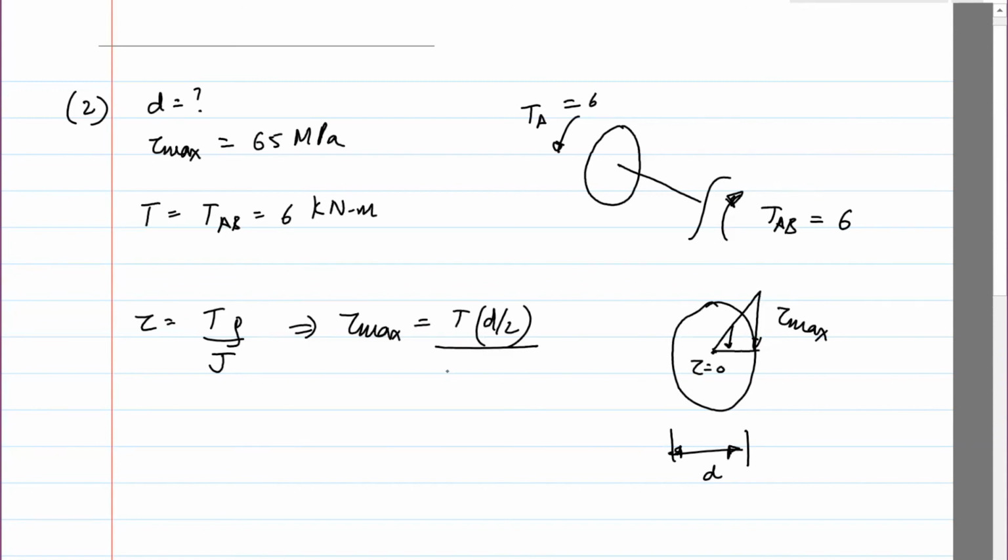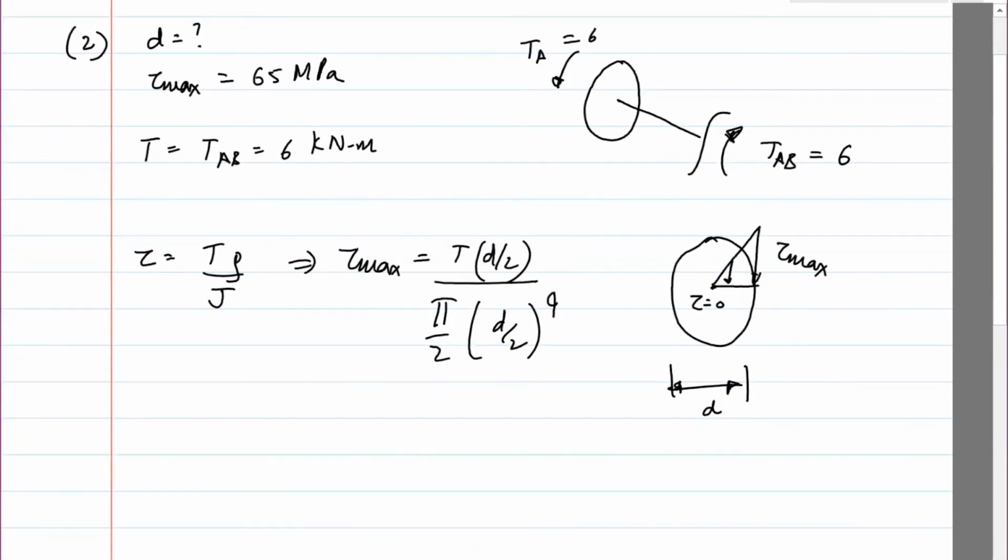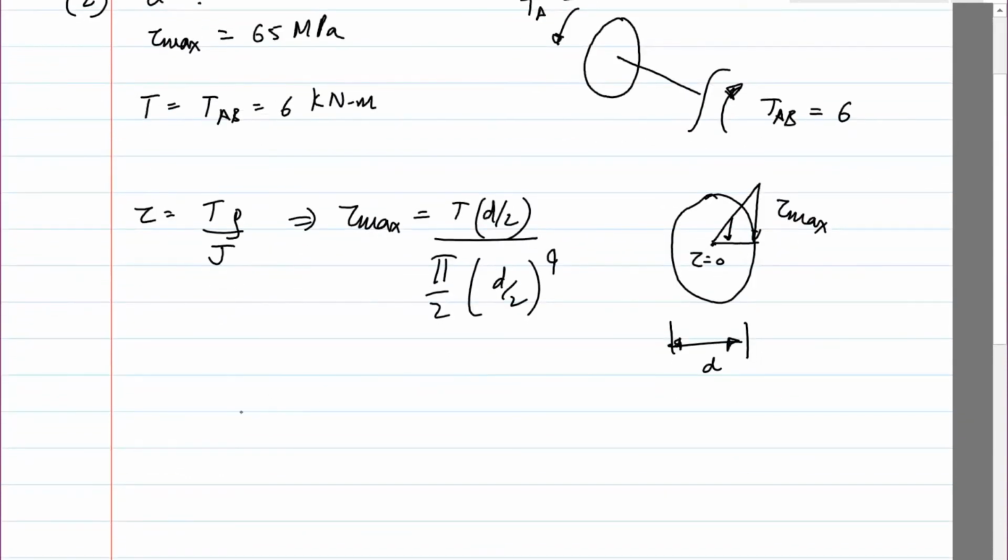Now J for a cylinder is pi divided by 2 R raised to 4, but R is D divided by 2. So D divided by 2 raised to 4. So we have tau max equals, I can cancel this with that.